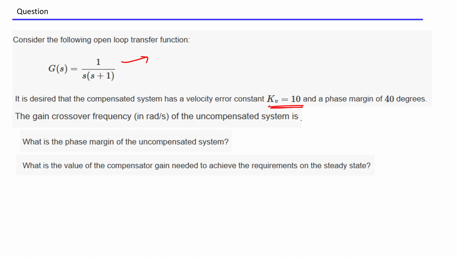He has directly given that the compensated system has a velocity error constant Kv equal to 10 and a phase margin of 40 degrees. You have to maintain the phase margin of 40 degrees. That is important. Then the gain crossover frequency of the uncompensated system is what? This is the first question. Question number one, question number two, and question number three.